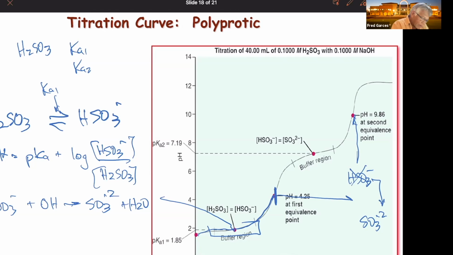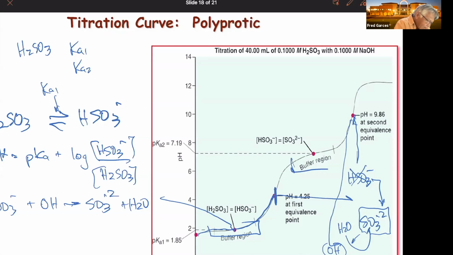The SO3 2 minus now reacts with water, and the water will donate a hydrogen to SO3 2 minus. You form HSO3 minus, but more importantly, you form hydroxide. That's why that solution is going to have a pH above 7.